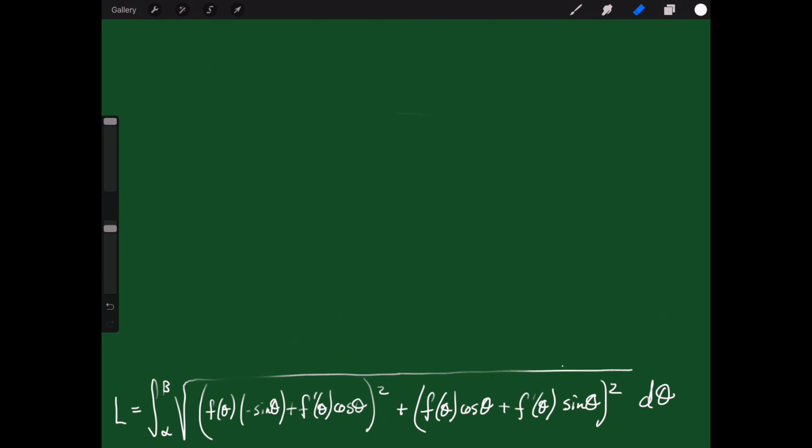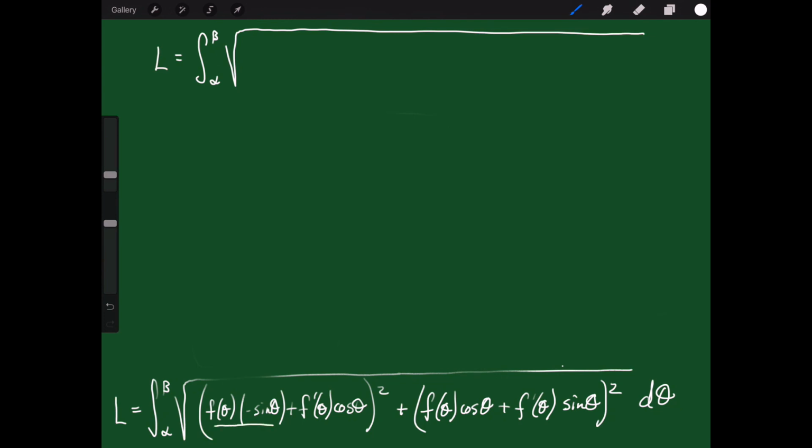So let's go back up, and I get that the length is equal to the integral from alpha to beta of the square root of, now we need to square this out. So it's the first thing squared, so I get f of theta squared times negative sine of theta squared, which is sine squared theta.